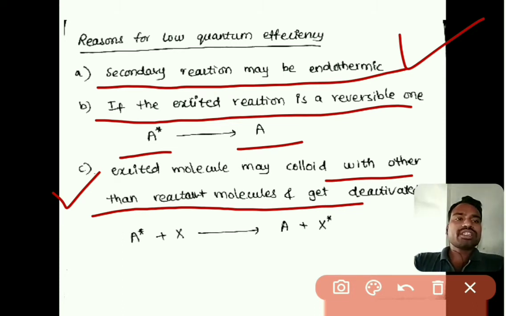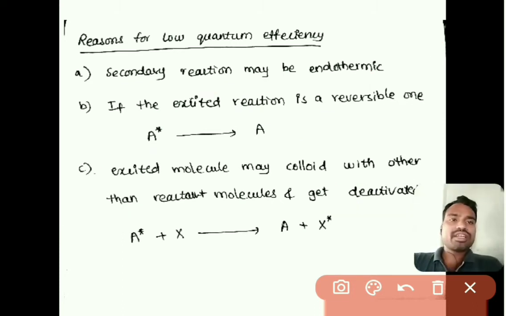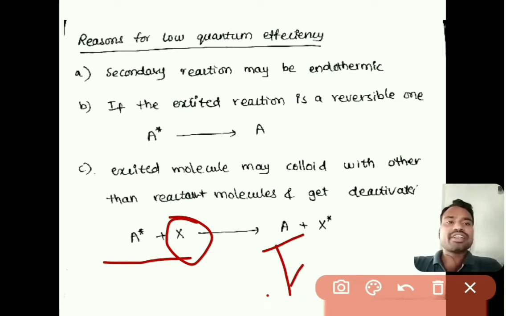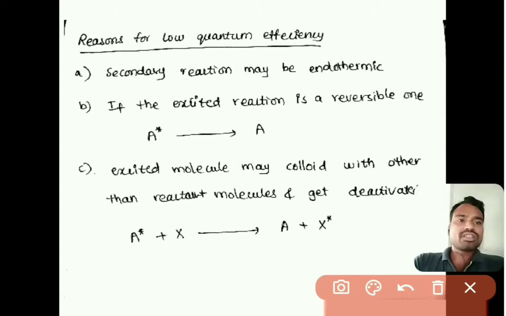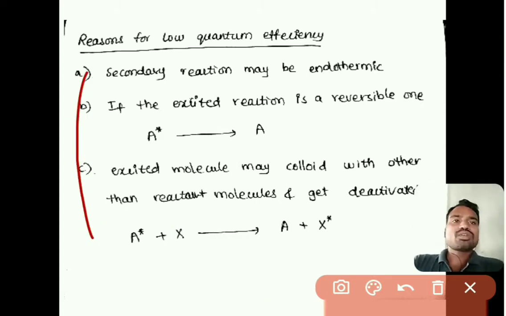In some cases, the excited molecules may react with other molecules available in the process, transferring the energy to that unwanted molecule so that it gets deactivated. So the reaction would not proceed. Because of these three processes, the quantum efficiency would be less.